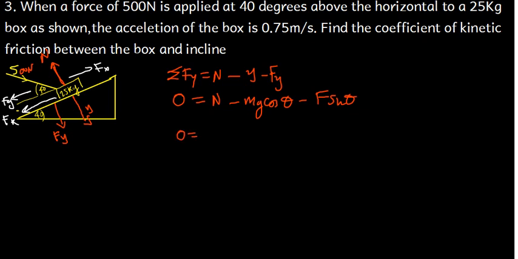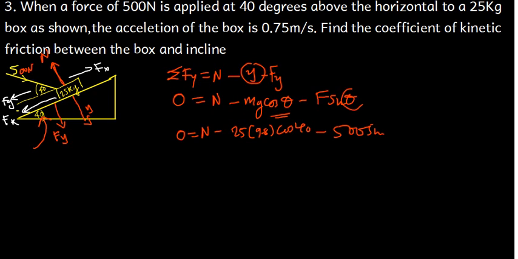This is going to give us 0 is equal to the normal force minus the mass we've been given as 25, and then gravitational pull is 9.8, and then cos theta. The theta we are using for Fg y is the angle of the incline, that is 40, and then minus the applied force, 500 sine theta. The theta we are using is the angle at which the applied force has been given, that is 40 degrees also. So if it was different, please use the difference. This theta here is for the applied force, and this one is for the incline.